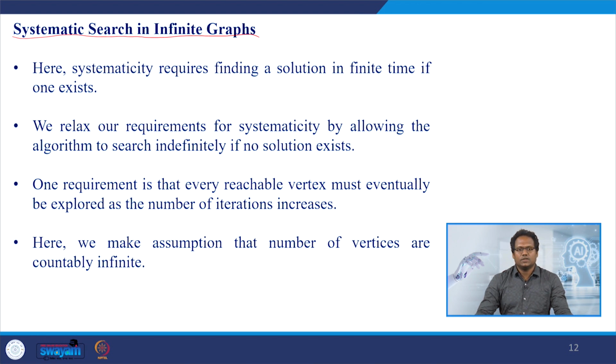That is the systematicity expected in infinite graph based search algorithms. So, we relax our requirements for systematicity by allowing the algorithm to search indefinitely if no solution exists. Here one requirement is that every reachable vertex must eventually be explored as the number of iterations increases.